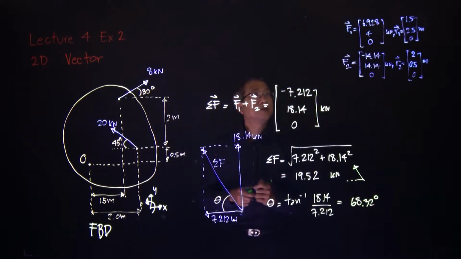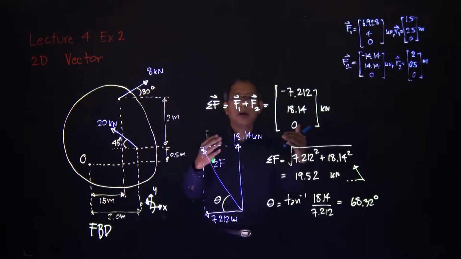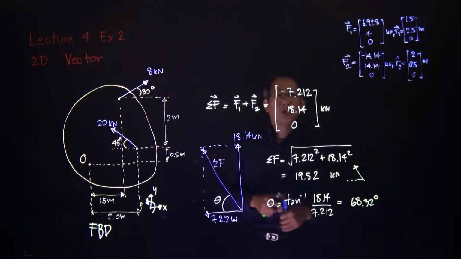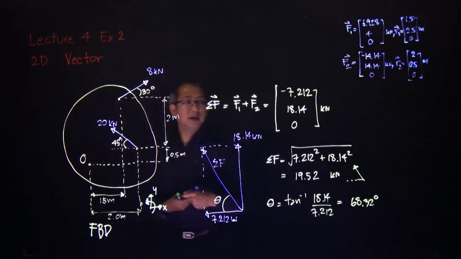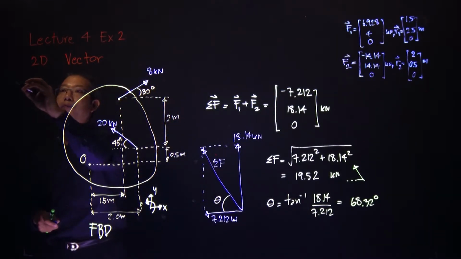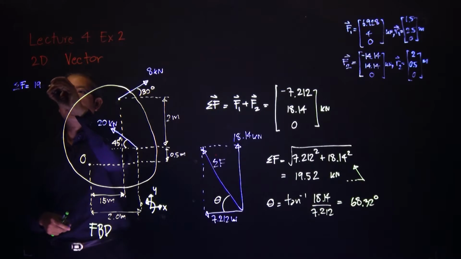Okay, so let's make notes somewhere, because we're going to have to use this space to calculate the moment and then answer them together. So where should I note it? Can I note it here? Sigma F is equal to 19.52 kilonewton.